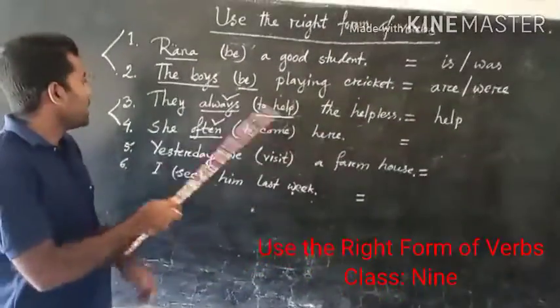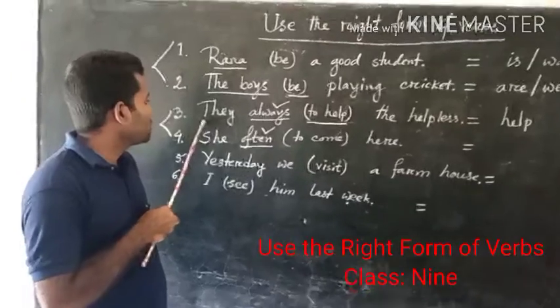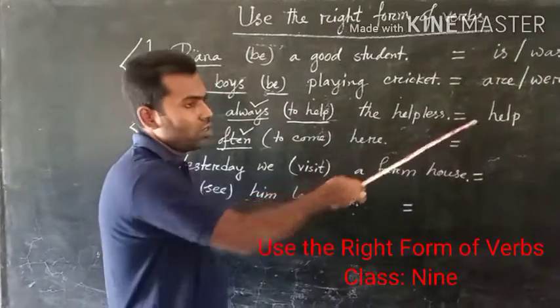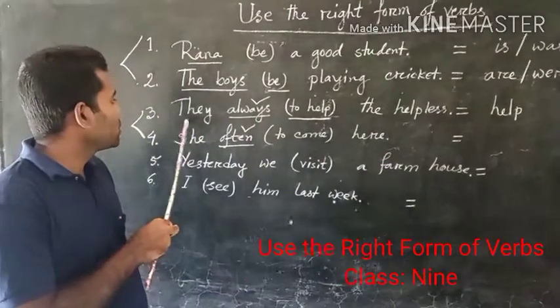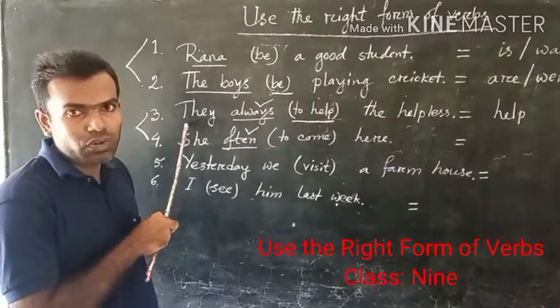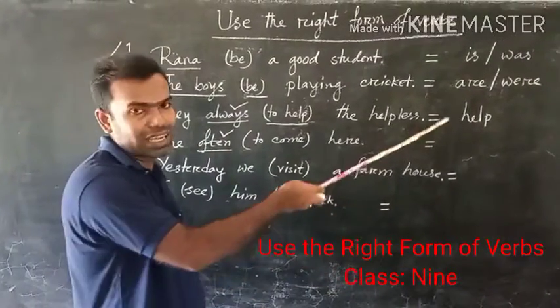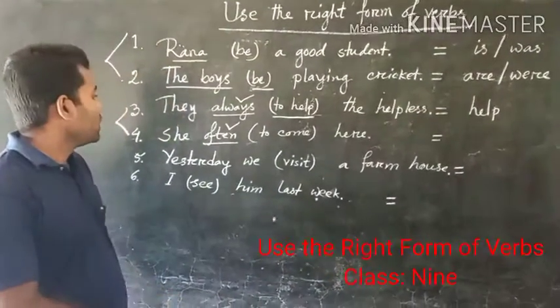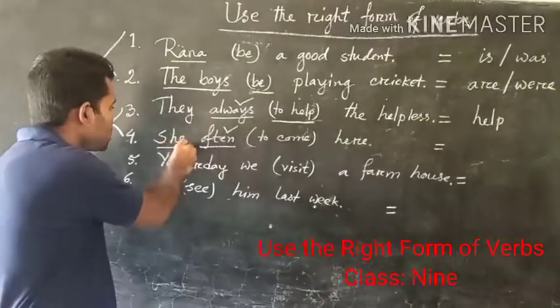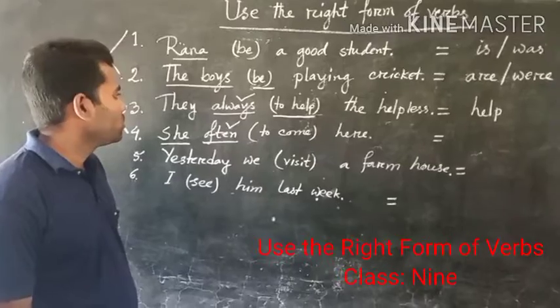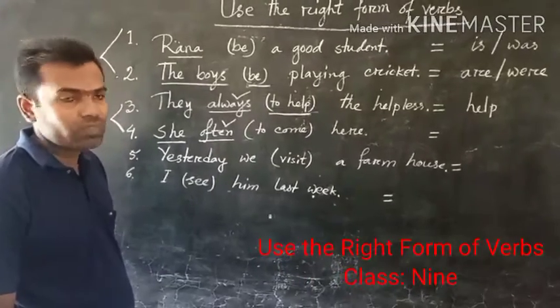Help. As the subject is in plural form, we have to use help. If the subject was in singular form, we would have used helps. Then she is in singular form, so we have to use a singular verb.